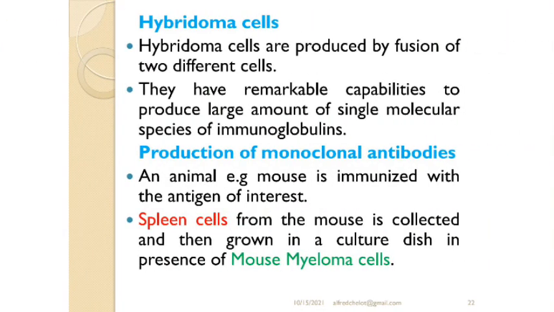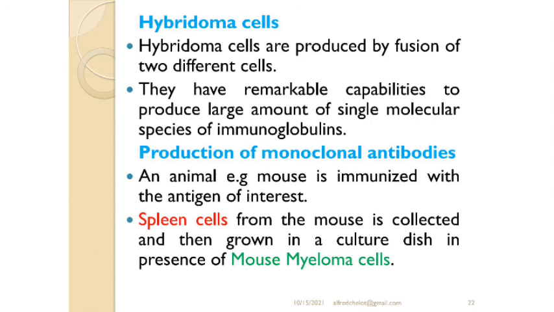Next we look at the concept of hybridoma cells and how hybridoma cells are used in production of monoclonal antibodies. Hybridoma cells are produced by fusion of different cells. They have the remarkable capability to produce large amounts of a single molecular species of immunoglobulin.